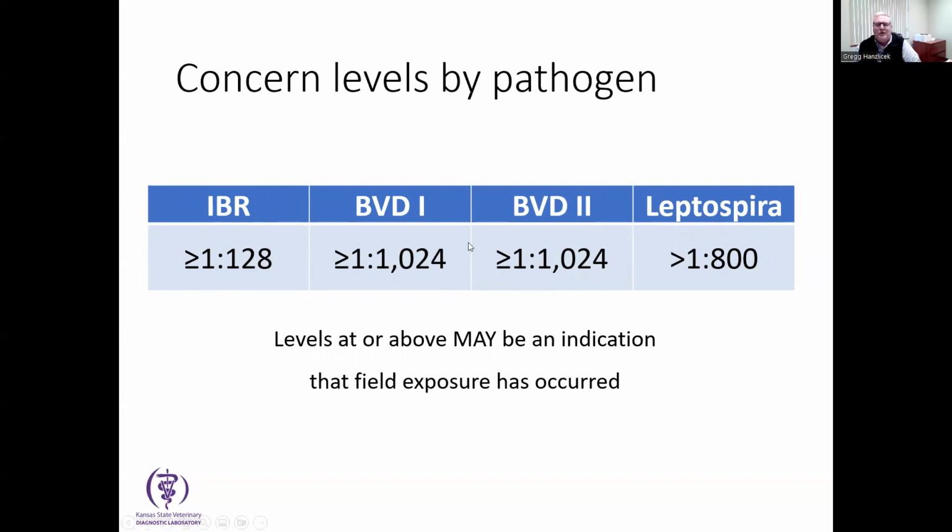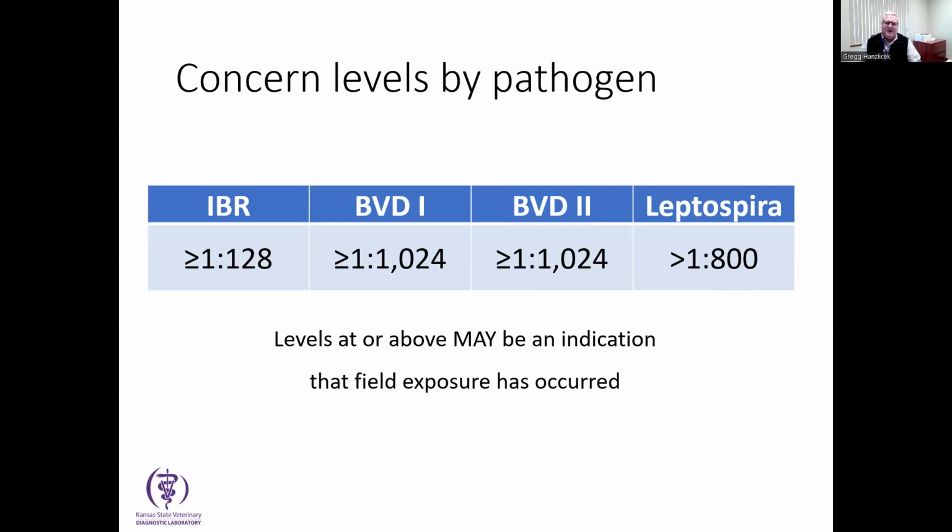For BVDs, when they get to 1,024 or higher, again, we're going to start thinking we might have some previous exposure to these organisms. And for lepto, those titers will have to be above 800 before we start considering that the leptoserovars had anything to do with the fetal attrition.